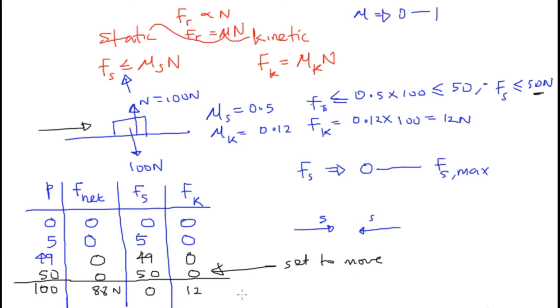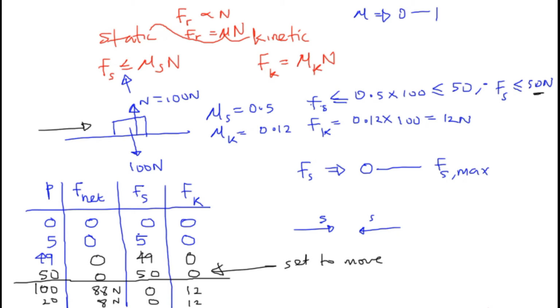That means 88 Newton of force will be driving the object. Now if you apply a force less than 50, let's say 20 Newton, the frictional force will be 12. Notice that the kinetic frictional force is constant at 12, so it will always be 12. So the force that will drive the object will be 8 Newton, that's 20 minus 12.